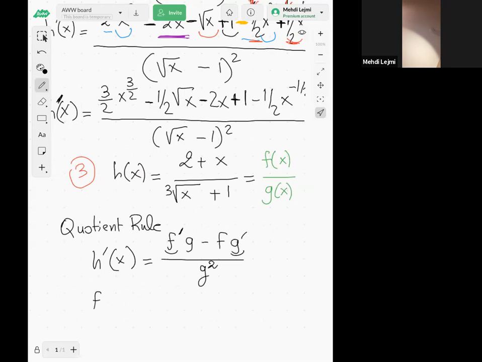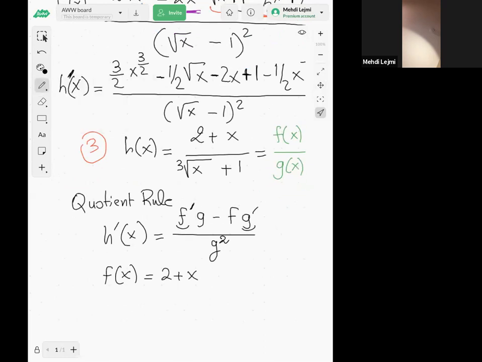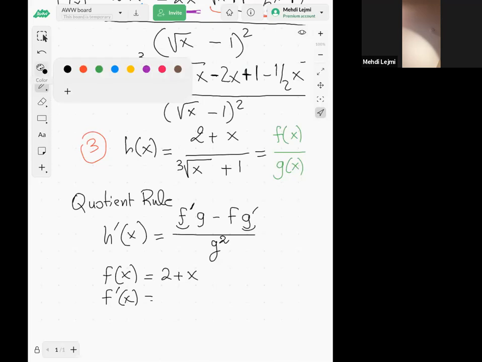So what's f prime? Well, f of x, we said, is 2 plus x, right? First we have just a constant, a number by itself, and we said the derivative of a constant is just 0. Then there's a plus, and then there's x. Again, guys, x is x to the power 1, so we can apply our power rule.